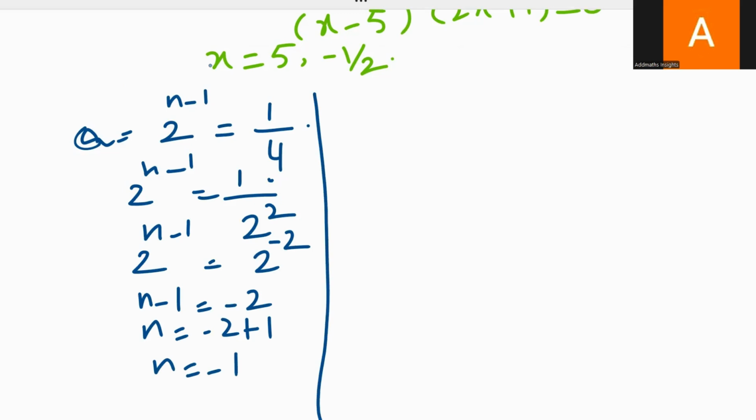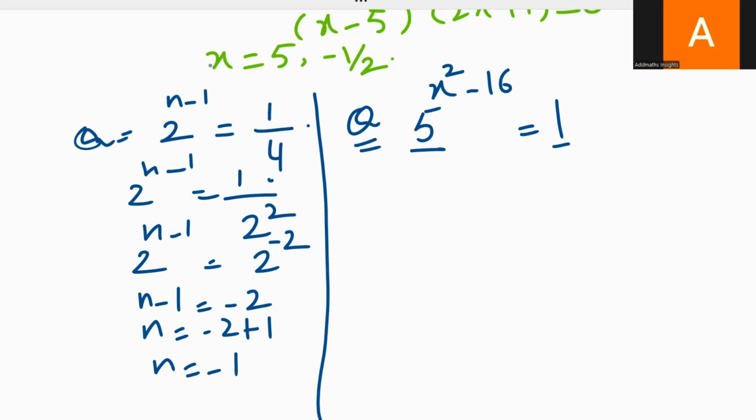Similarly, for example, you are given an exponential equation: 5 raised to the power x squared minus 16 is 1. Again, remember that I have to make the bases the same. The base on the left-hand side is 5, and on the right-hand side, we are given the number 1.